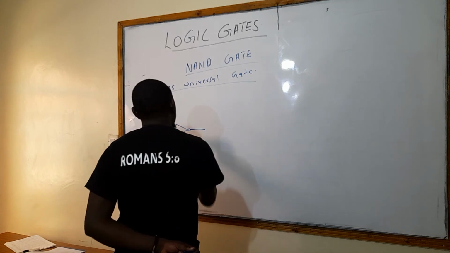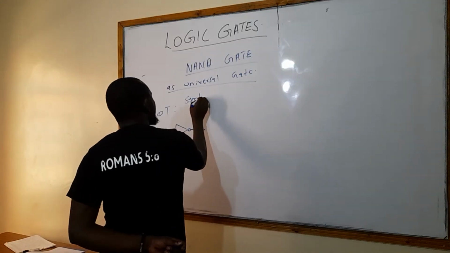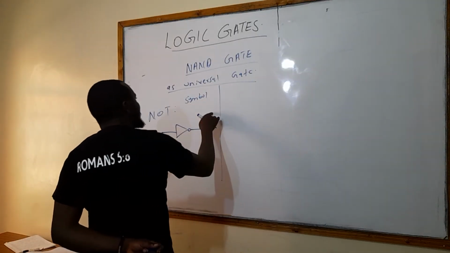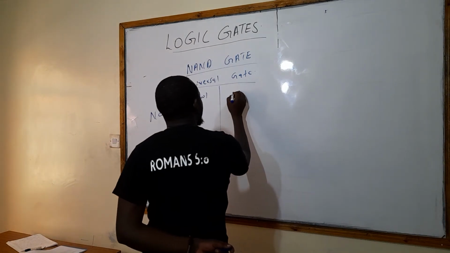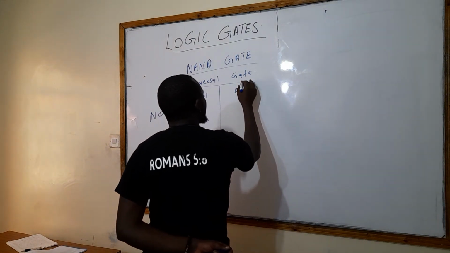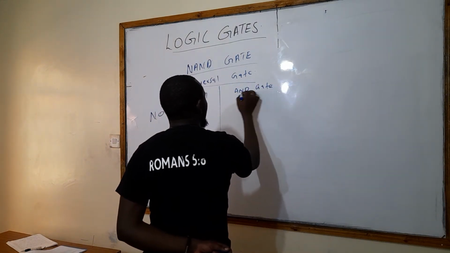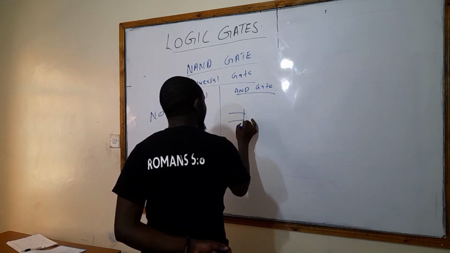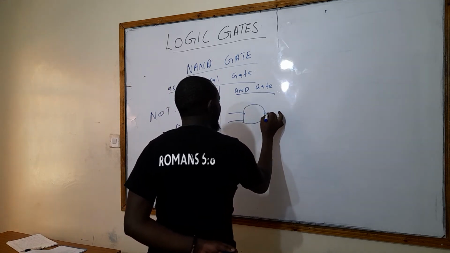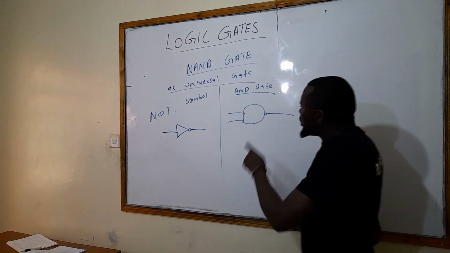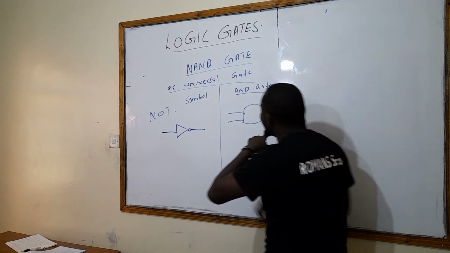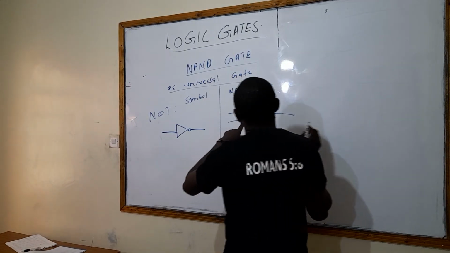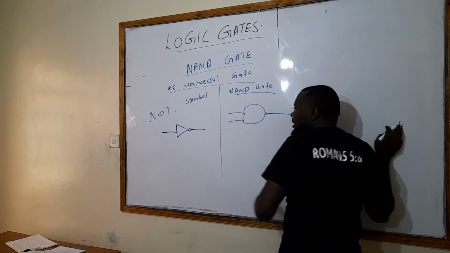That's the symbol of a NOT gate. And the symbol that we have is the NAND gate here. And a NAND gate is drawn like this. Now, you want to use this NAND gate to implement a NOT gate.